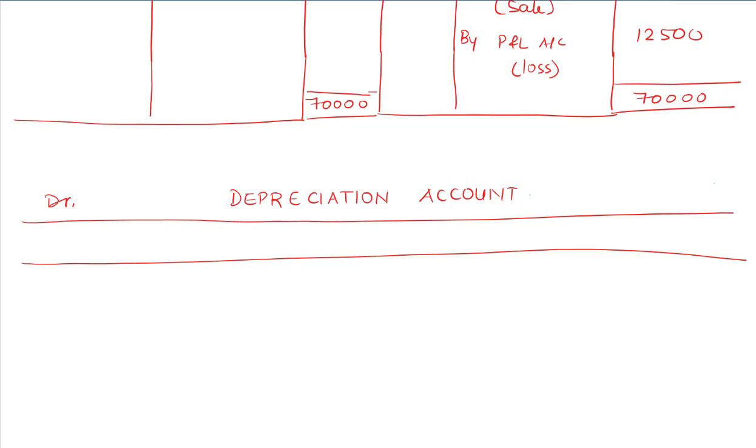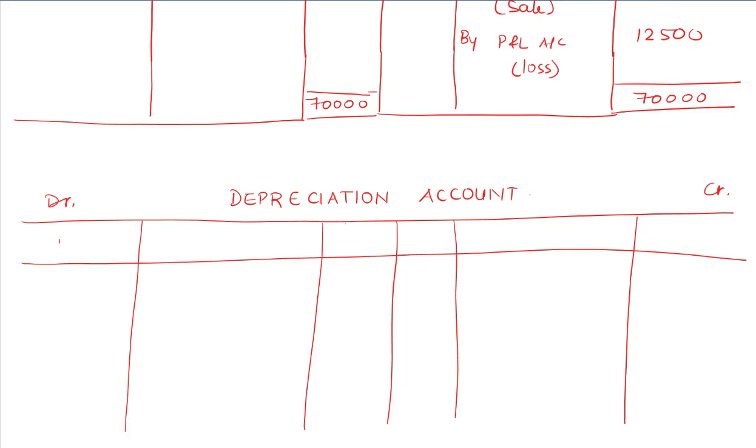Debit, credit. The format will be the same: date, particulars, amount.